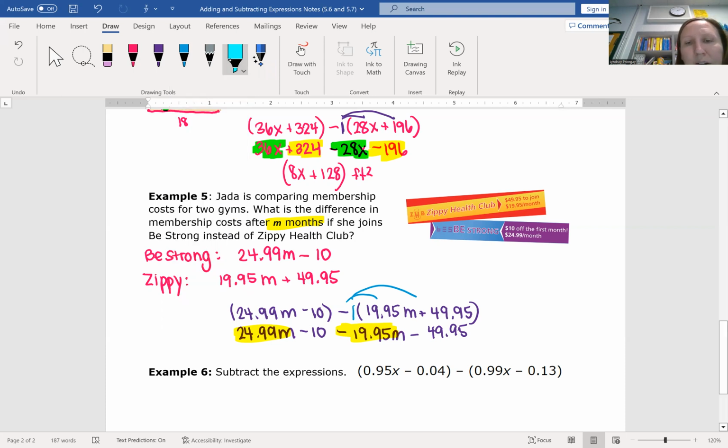And I can put together my constants. $24.99 minus $19.95 is going to be 5.04M. And a negative 10 and a negative 49.95, they're the same sign, so I'm going to add them. And it ends up being negative 59.95.